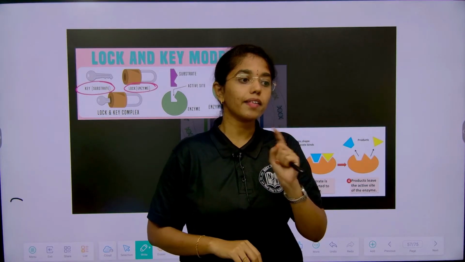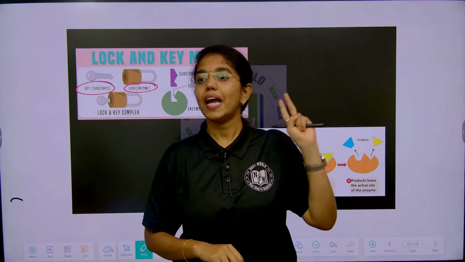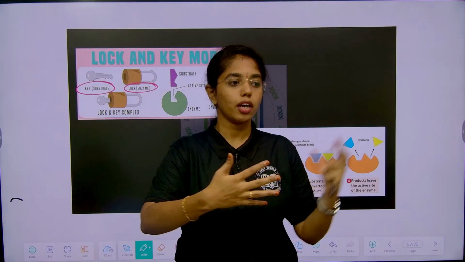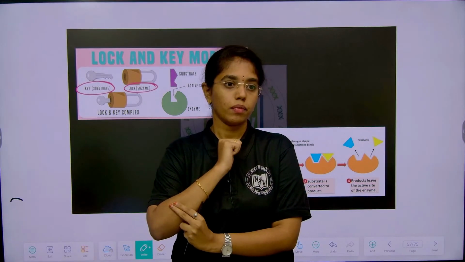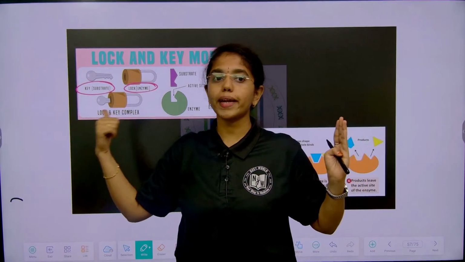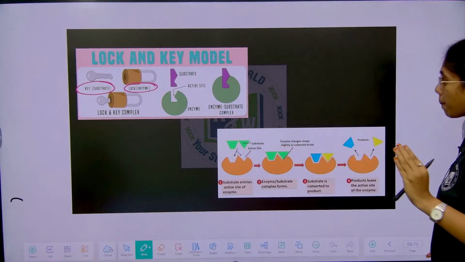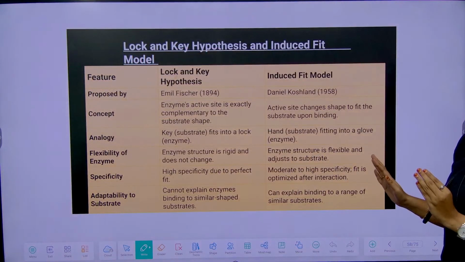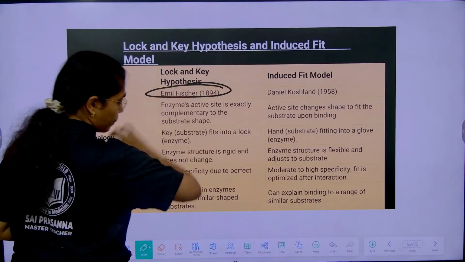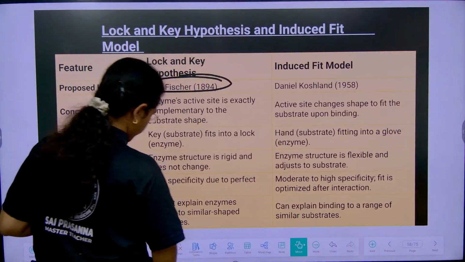That hand and glove model is proposed by Koshland, also known as the induced fit model, where the hand is assumed to be the substrate and the glove is the enzyme. It is more accepted for biological systems when compared to what? The lock and key hypothesis, right? So these are the basic differences to note. This is proposed by whom? Emil Fischer, and this is by Daniel Koshland.